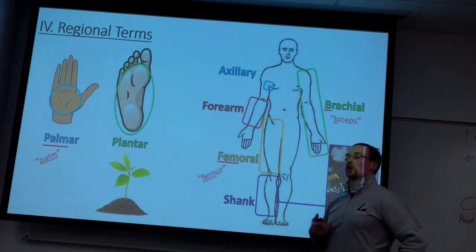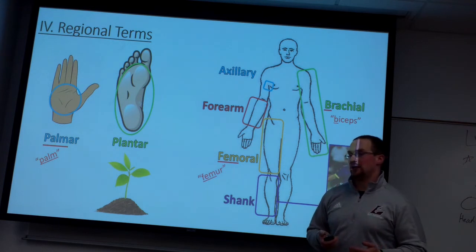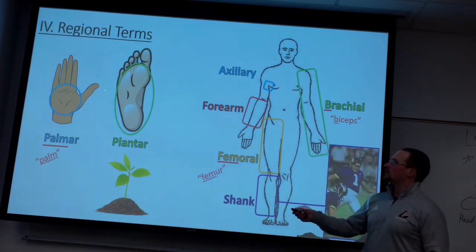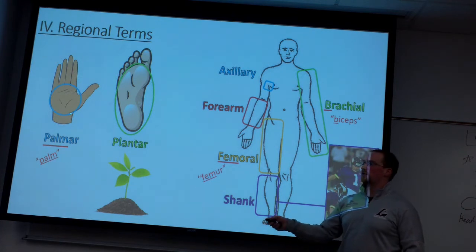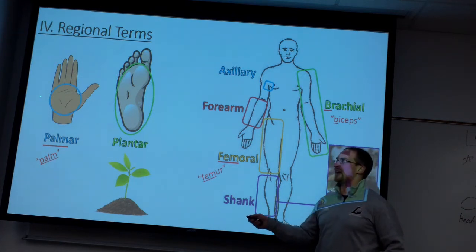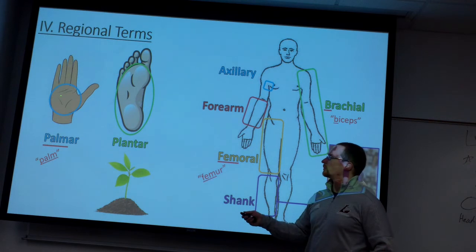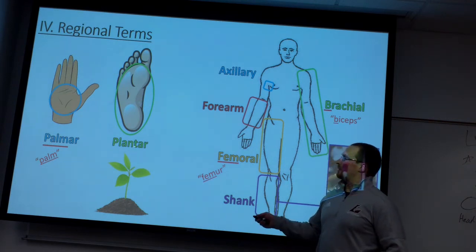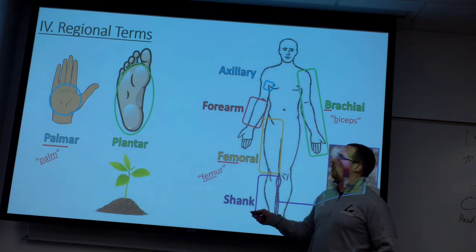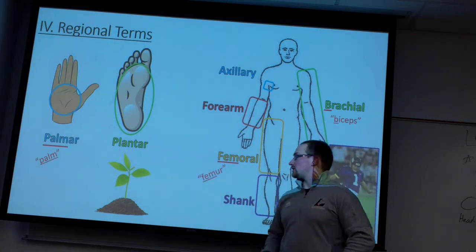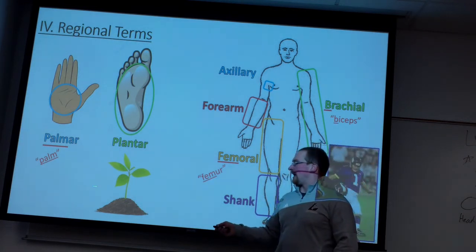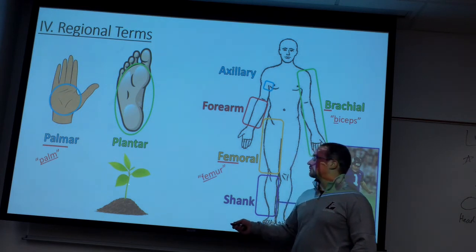Next up, regional terms of the appendicular skeleton. Starting on the left here, palmar. Thinking palm. This refers to the palm of your hand. Similarly, plantar refers to the sole of your foot. And I like to think about this in two different ways. One, plants come from the ground.